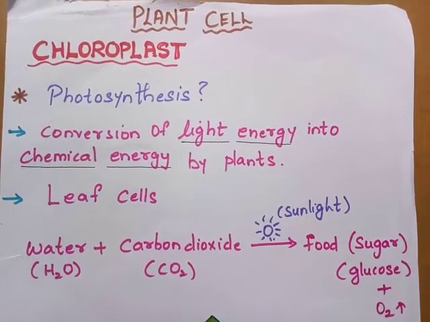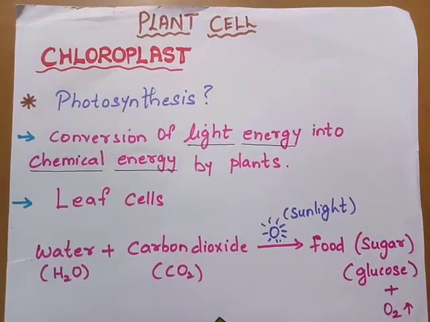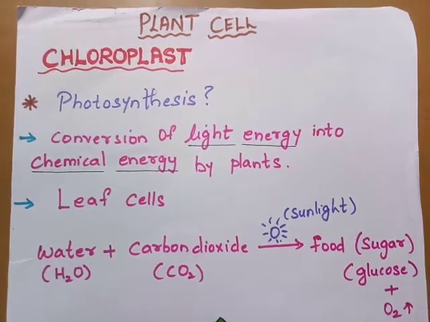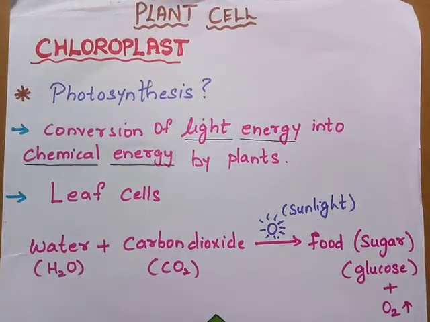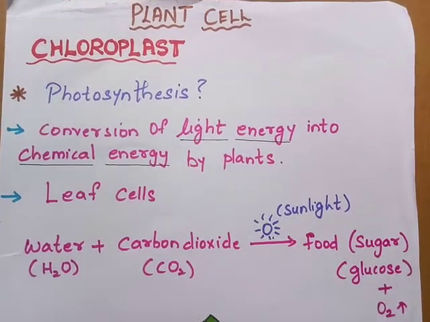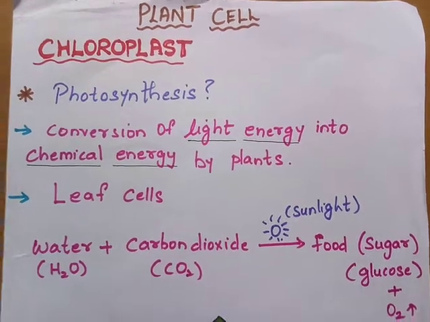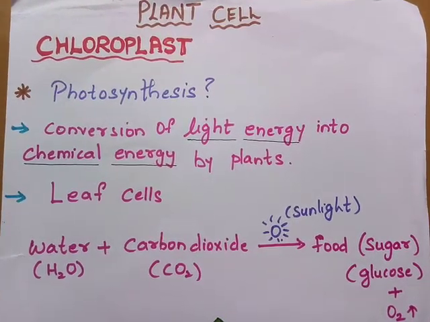Okay, this is the basic level, and moving to the next, slightly higher level, we will learn how this photosynthesis happens and where it happens. Basically, the leaves prepare the food.